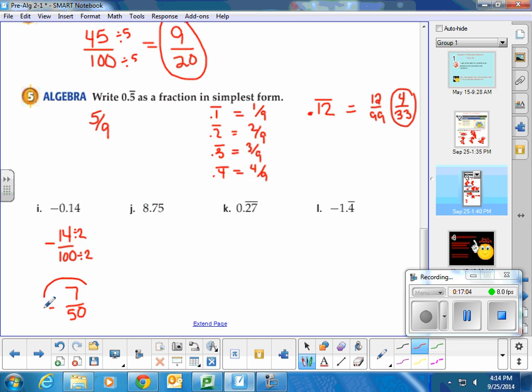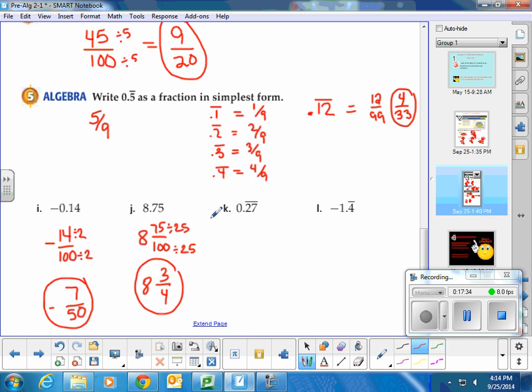So negative 7/50. Next up, 8 and 75/100. 75/100 can be simplified because the numerator and denominator can both be divided by 25. So we end up with 8 and 3/4.